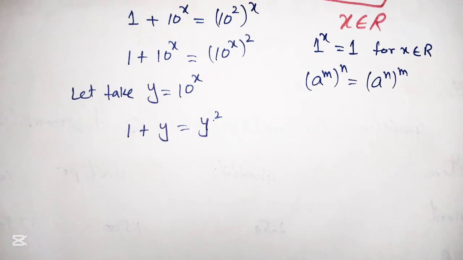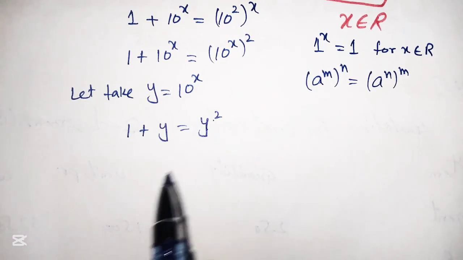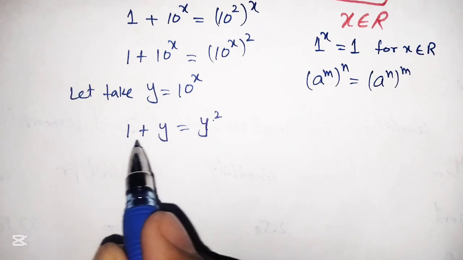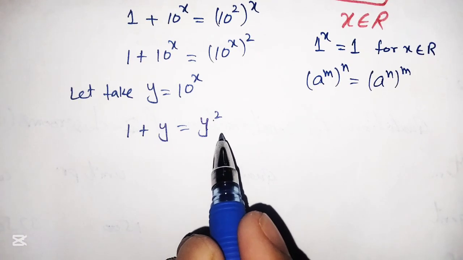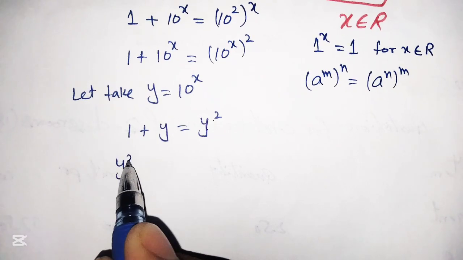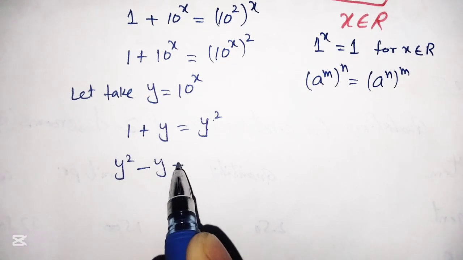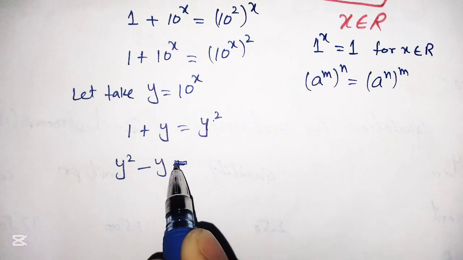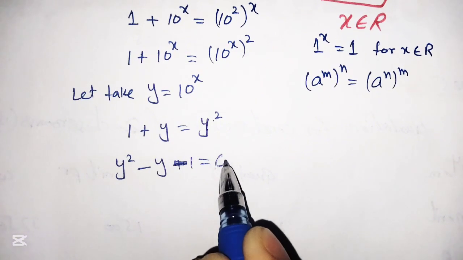So this is the quadratic equation. Now we can rearrange this equation by taking the two terms on the right hand side, so y square minus y minus 1 is equal to 0.